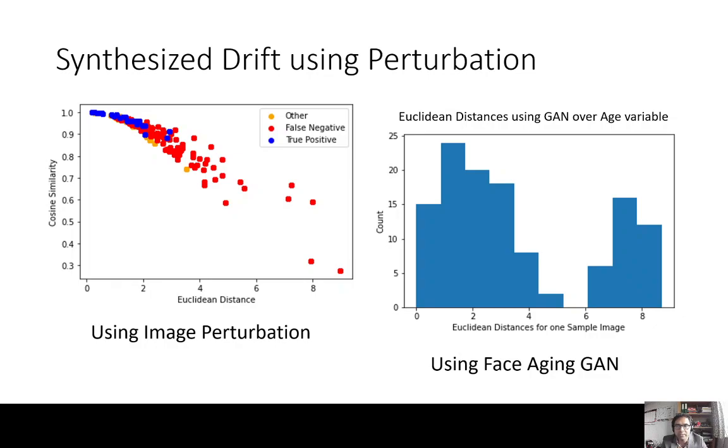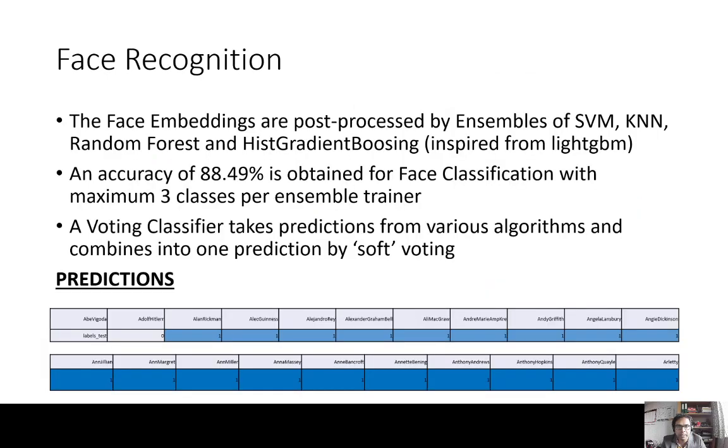So for drift synthesis, I was comparing the GAN model versus a statistical face model on the left-hand side, and which one works better. The statistical face model eliminates all the aging properties and shows us results like these. We'll go into that detail.